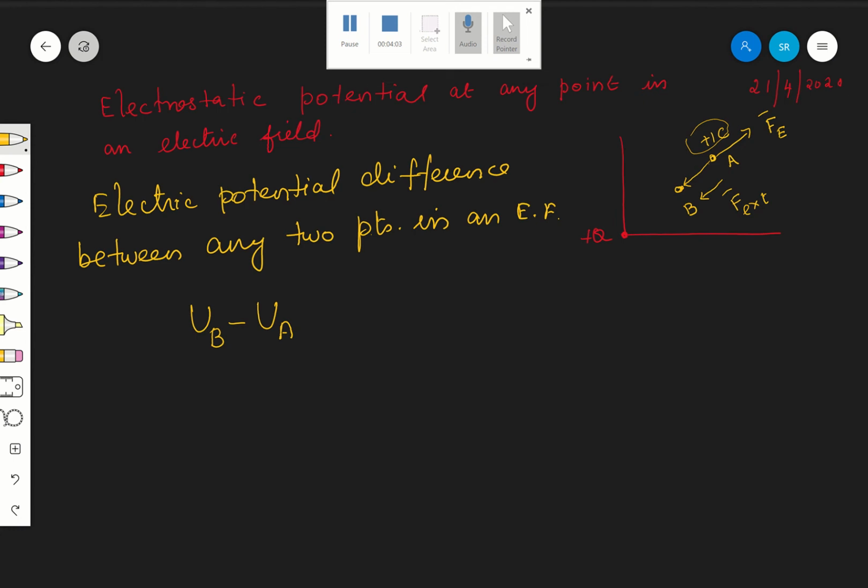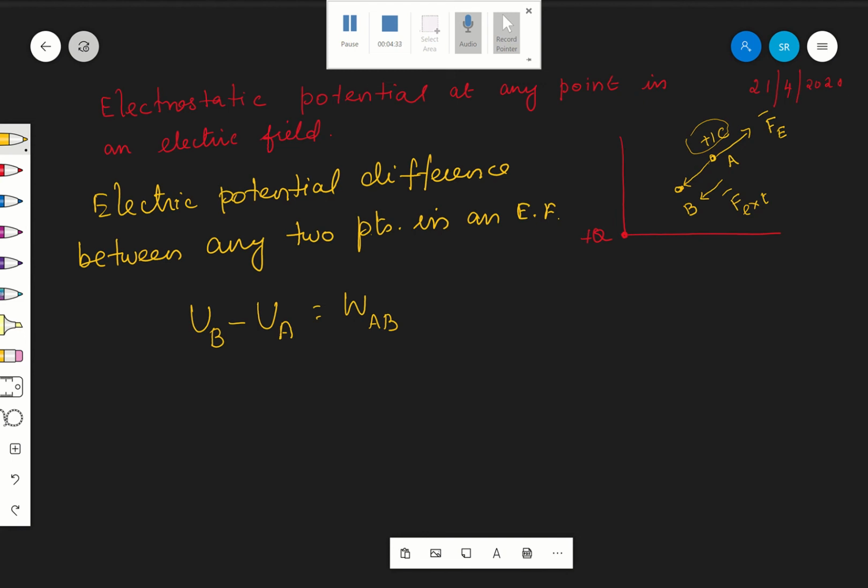UB minus UA is nothing but WAB. This we have already seen in the previous video. Therefore, UB minus UA is the potential energy difference of a charge between any 2 points in an electric field, right? But what I want is potential difference.